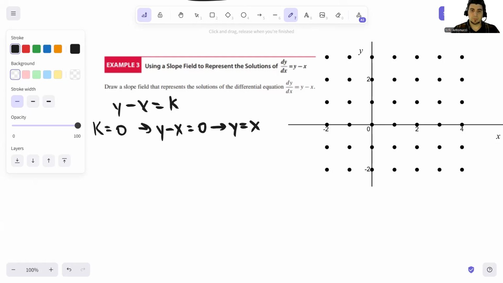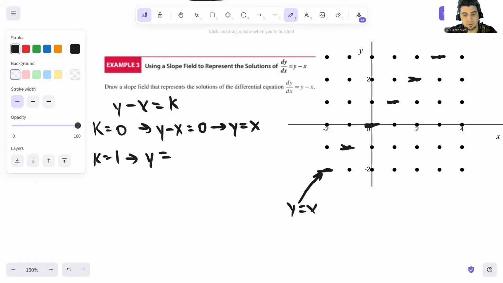Then we're going to plot horizontal slope lines along the line y equals x. Okay, so if y equals x, then y minus x is going to be 0, so that means the slope is going to be 0. So along the diagonal line y equals x, we're going to have slopes that are all 0 along that line, like this.